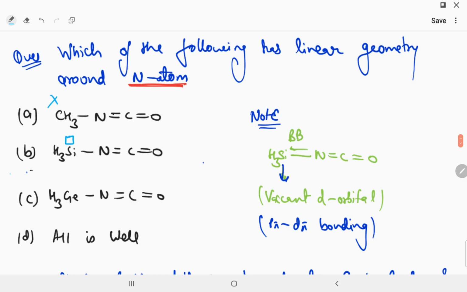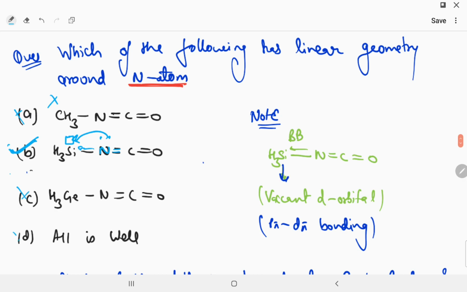Germanium also has a vacant orbital, but it is not third period. So we can say B, and the nitrogen lone pair will donate to the vacant orbital of silicon. It will show double bond character, so nitrogen has partial double bond character towards the silicon side. So it will show linear geometry. Others do not show linear geometry.